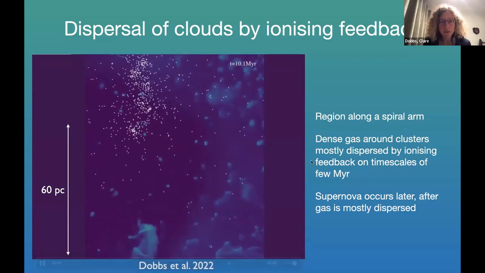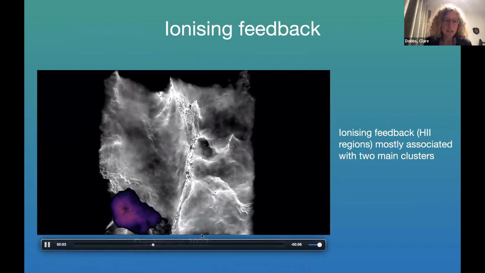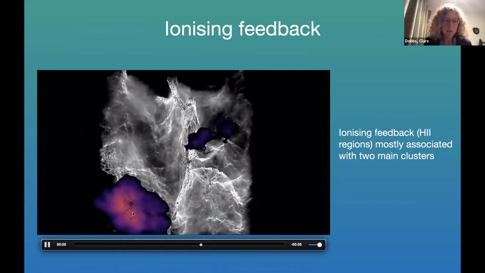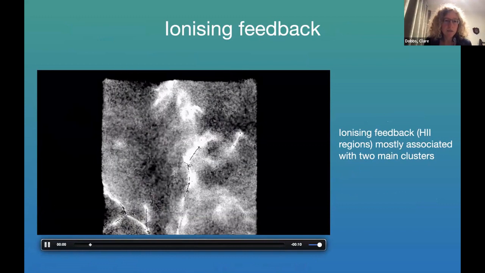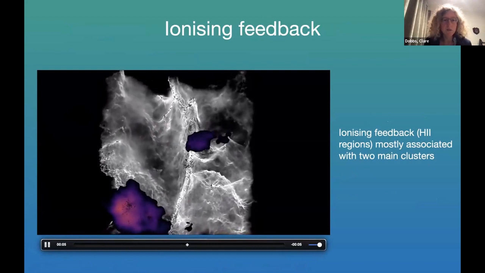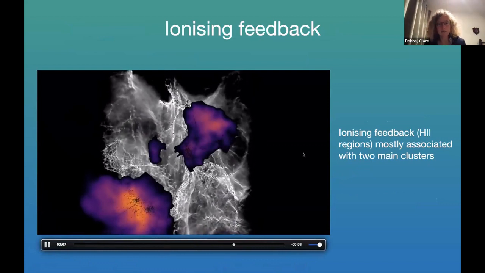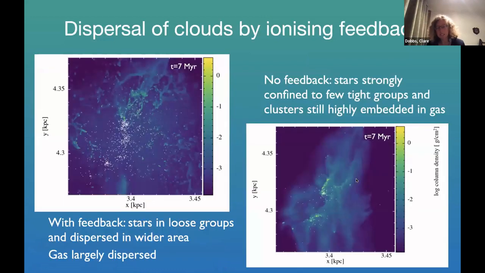Just to show in this video, this shows the ionization itself. This is where you've got clusters, and the massive stars in these clusters are producing all this ionization here. And if I go on to this slide, this shows with ionization and supernova, and this is without ionization or supernovae.